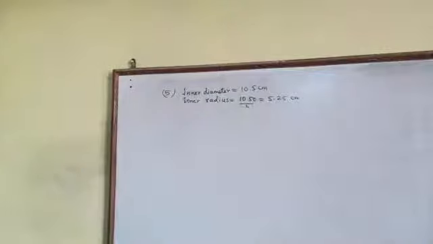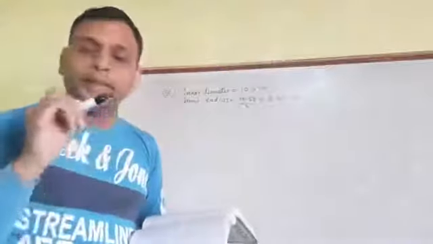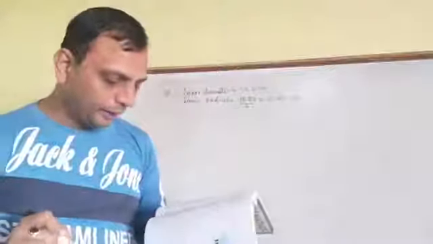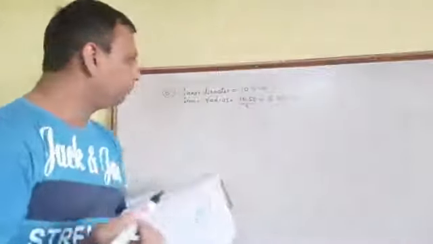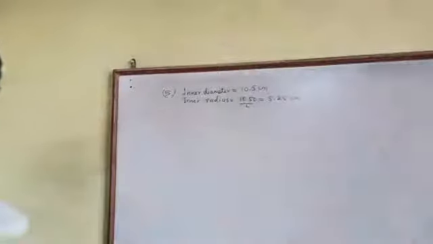Now after that, what is written is that we have to find the cost of the inside. Here we don't need the outer radius, because the inner diameter is given and only the inner cost is asked in the question. So very simple, we have the inner radius. First we'll find the area, then we'll multiply to find the cost.